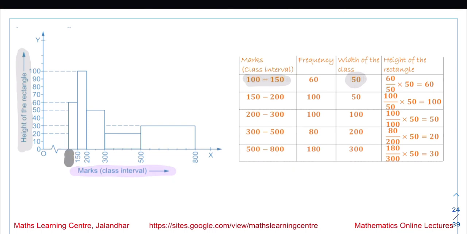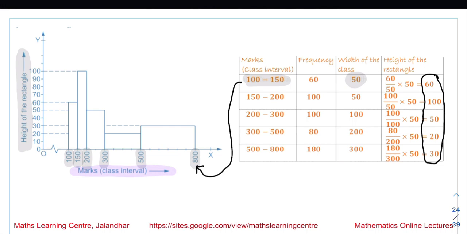We have marked these points on the x-axis: 100, 150, 200, 300, 500 and 800. The heights we require are 60, 150, 20 and 30. We have marked with a distance of 10 units: 10, 20, 30, 40, 50, 60, 70, 80, 90 and 100.